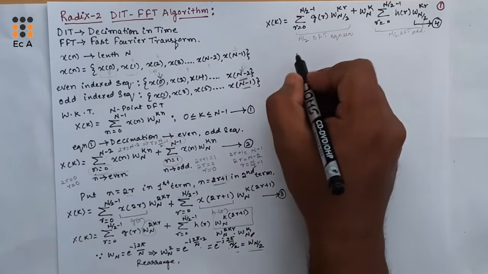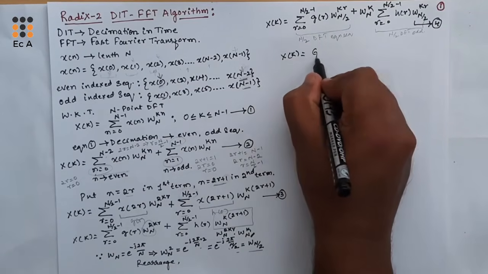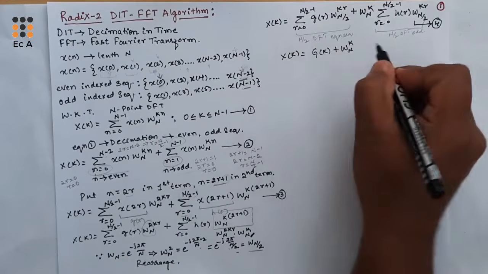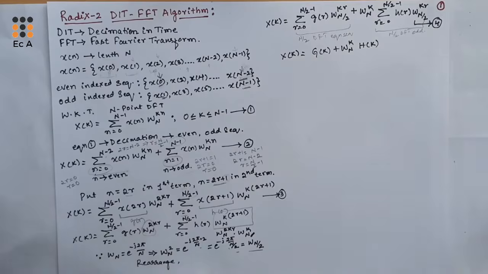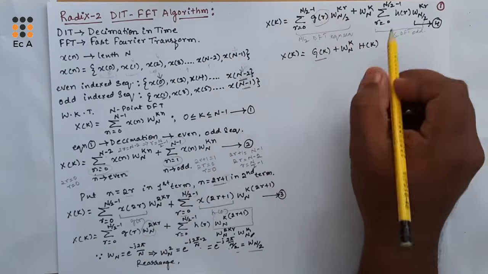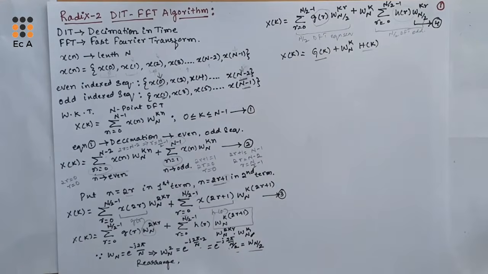Now, we can simplify the above equation and write X of k equal to G of k plus W_N to the power of k H of k. Here G of k is the DFT of g of r and H of k is the DFT of h of r.